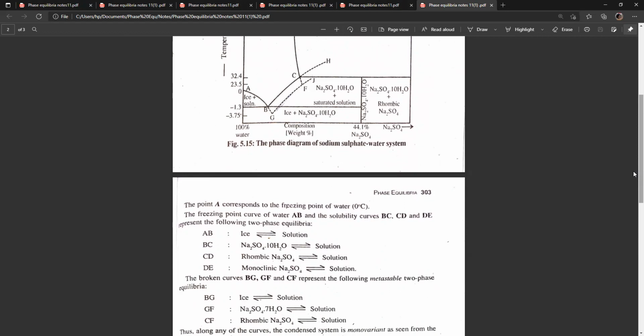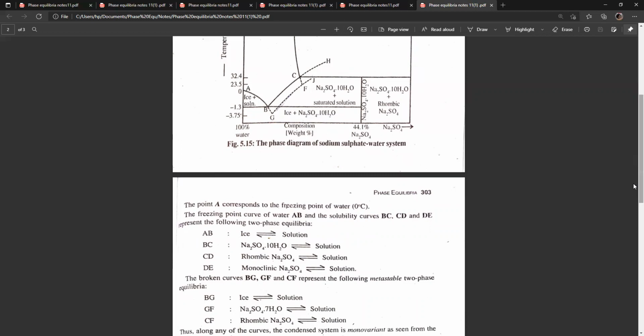Then at F, the new solid phase, rhombic sodium sulfate, appears. Since it is a continuation of the curve CD, the phases in equilibrium are those of CD, that is rhombic sodium sulfate in equilibrium with the solution.